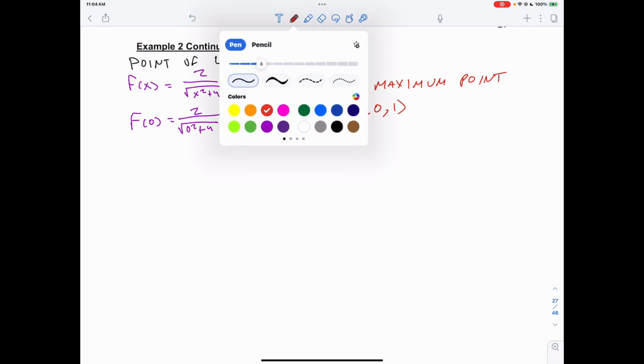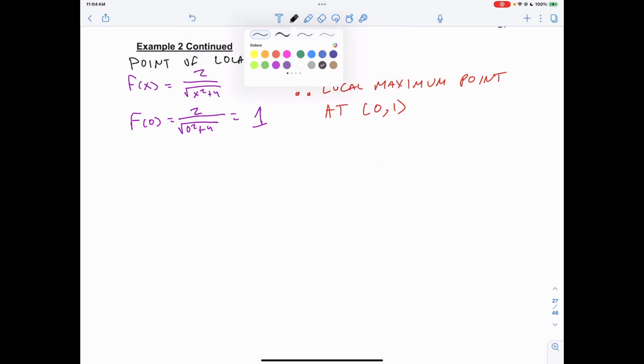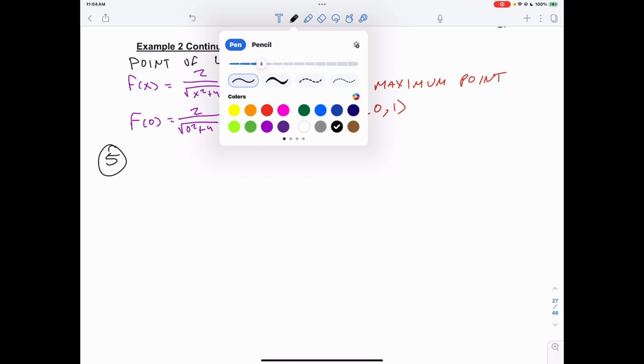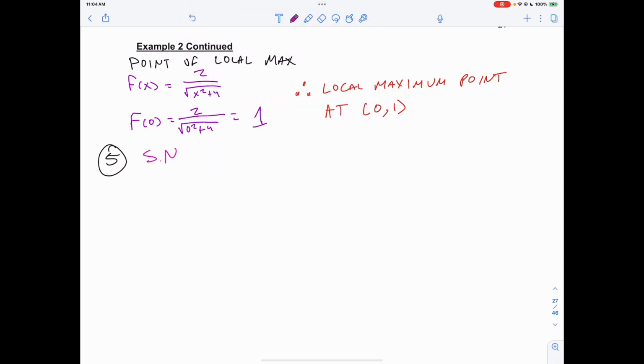Now, we still need to deal with concavity, so we're going to continue using the second derivative to solve for our significant numbers.